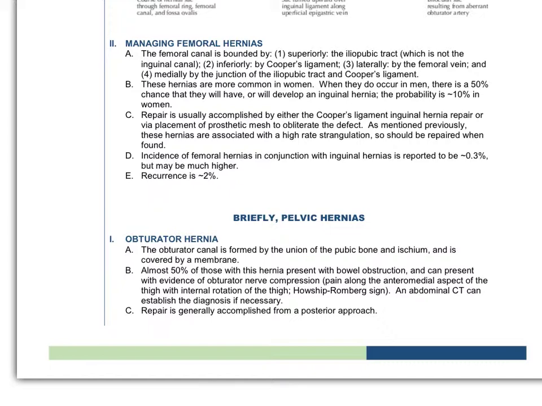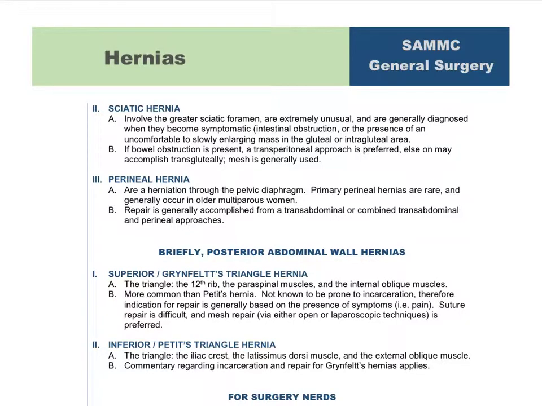Repair is not easy and is generally accomplished via a posterior approach. The sciatic hernia is that which involves the greater sciatic foramen, and again may present with bowel obstruction. A perineal hernia is one that occurs through the pelvic diaphragm and is quite rare and generally occurs in older women who have had a lot of vaginal deliveries.